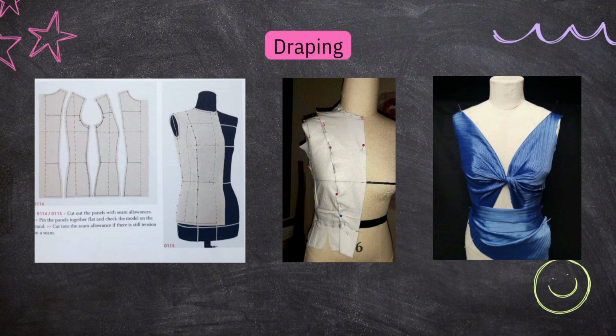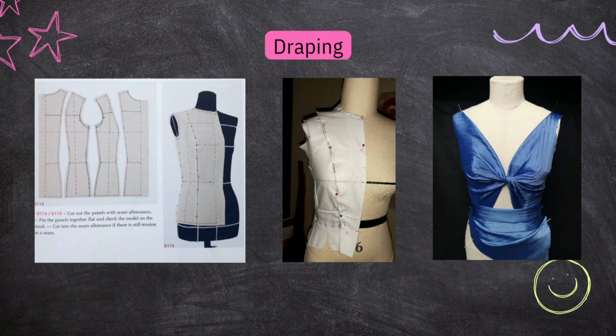Essentially, the importance of this is that you tend to see what your final garment is going to look like already when you drape on the dress form. You can visualize what you want the final garment to look like. So you can see the finished look up front when you drape.